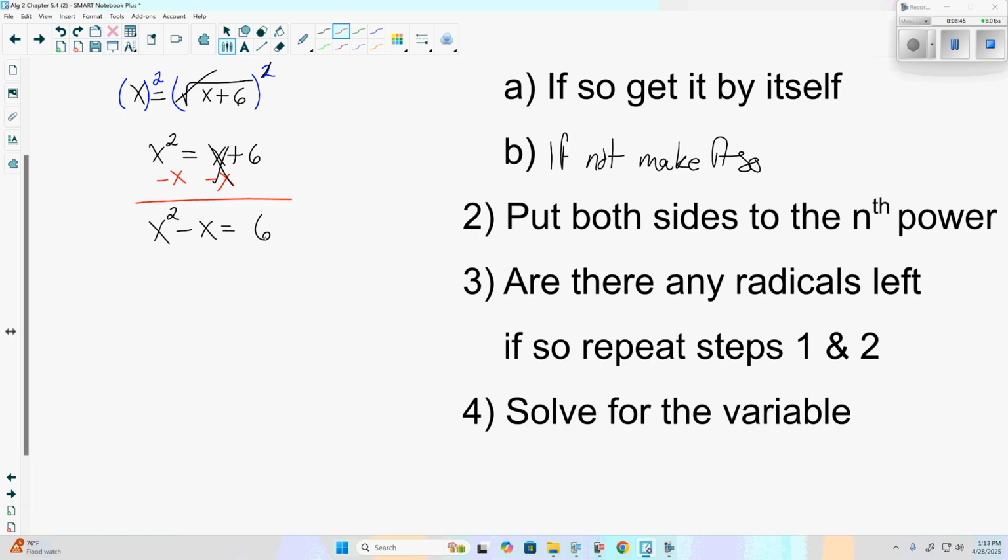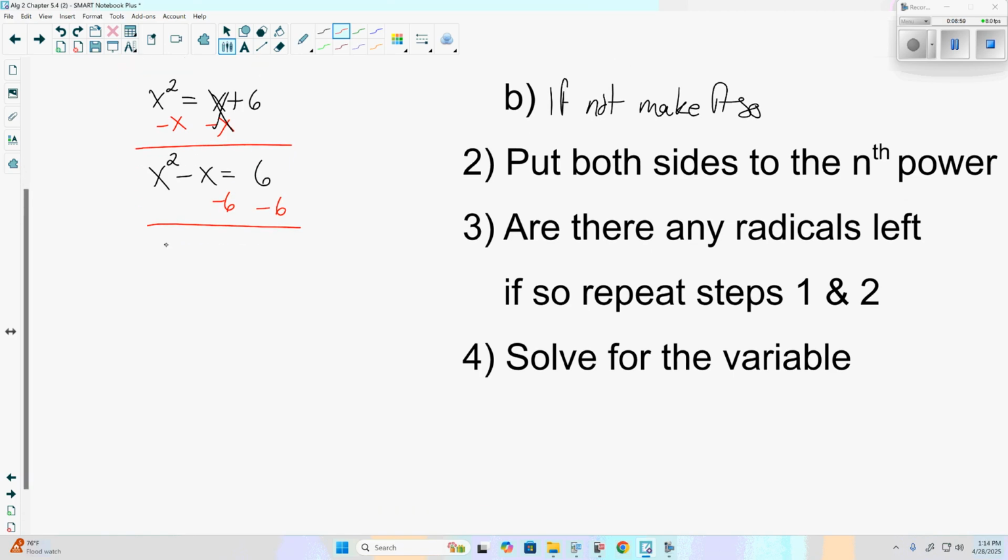Now on the left-hand side, we'll have x squared minus x. On the right-hand side, the x minus x simplified out, leaving us with just 6. And lastly, we're going to subtract 6 from both sides, telling us x squared minus x minus 6 is equal to 0.